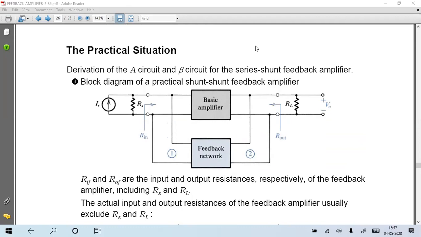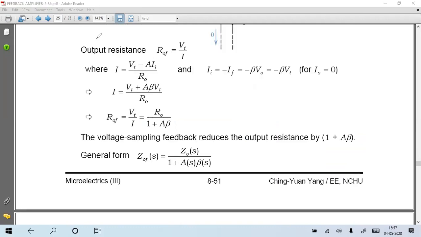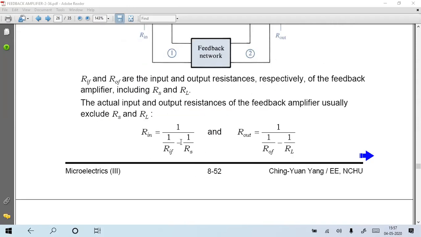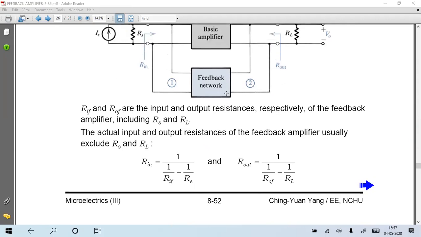Both will be in parallel nature, in the same shunt form as we discussed in the first two cases. Now we will see the equivalent value. What should the feedback network be, related with the two-port network?